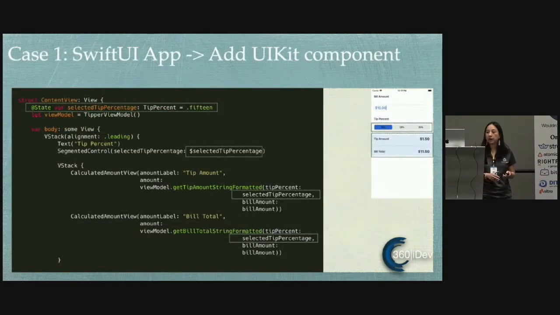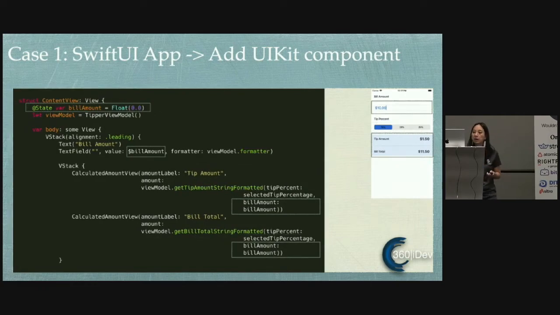Now that we've gone over how the segmented control was implemented, let's go back to how updating tip percent updates the calculation for tip amount and bill total automatically. The segmented control listens for when the user taps on the control and changes the value of the selected tip percentage. The tip amount and bill total boxes are listening to changes in the selected tip percentage and automatically updating their calculations and redisplaying their values when selected tip percentage gets updated.